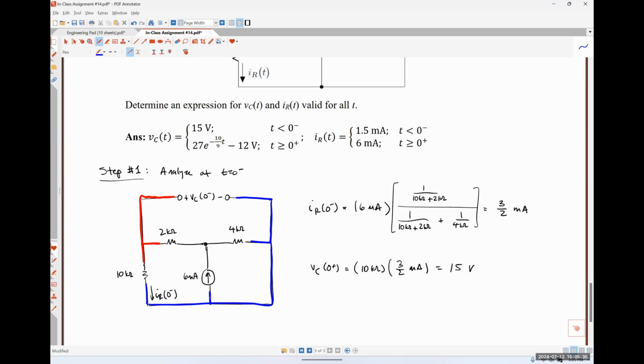We can see that even though it doesn't look like it, our capacitor is actually in parallel with that 10 kilo ohm resistor. So the current flowing through the 10 kilo ohm resistor times the 10 kilo ohm resistor is indeed the voltage drop across the capacitor. So thank you very much for that suggestion, Baylor. You are absolutely correct, and I never noticed it for literally years. So great job. You have improved the efficiency.